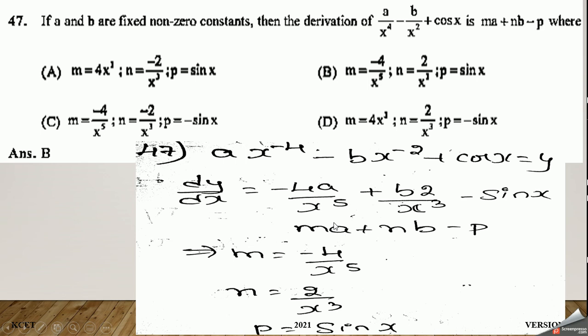Here I am going to equate this to the answer given, MA plus NB minus P. So you are going to get M value as minus 4 by x power 5, N value as 2 by x cube, and P value as sine x. Option B is the answer.